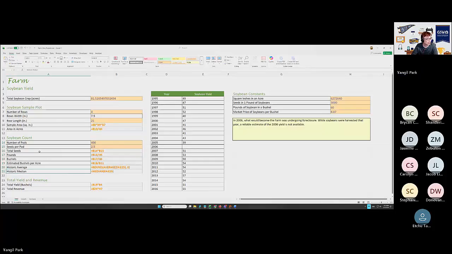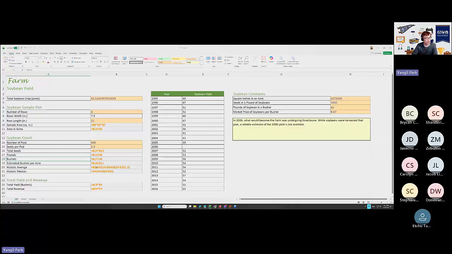And so those calculations go on in terms of soybean count, which is next: number of pods, how many seeds per pod, and total seeds, so you just multiply those two numbers. Then you convert it to pounds. Then they're going to put it into bushels, so that's how they're going to sell in the market.